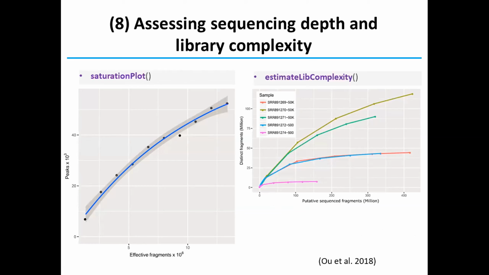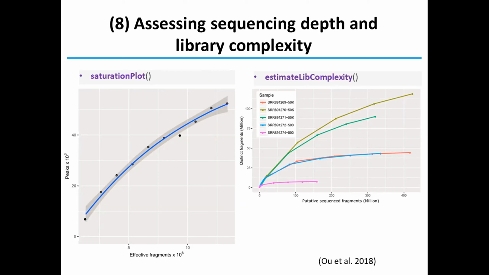So once we see the library has a pretty good quality, we may ask whether we have sequenced the library deep enough. In the package, we have a function called a saturation plot. Basically, this function is based on downsampling of the sequencing data and calls the peaks using those downsampled reads, and counts the number of peaks from each downsampled file.